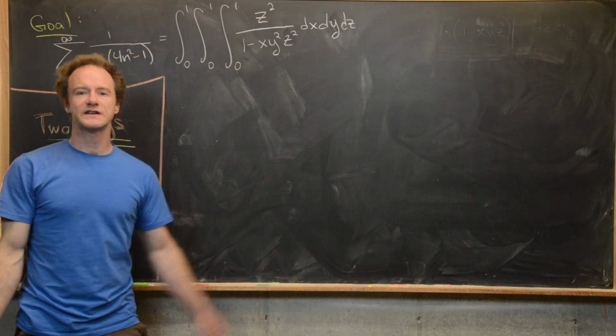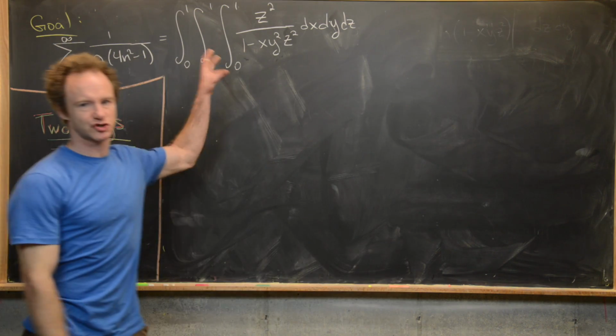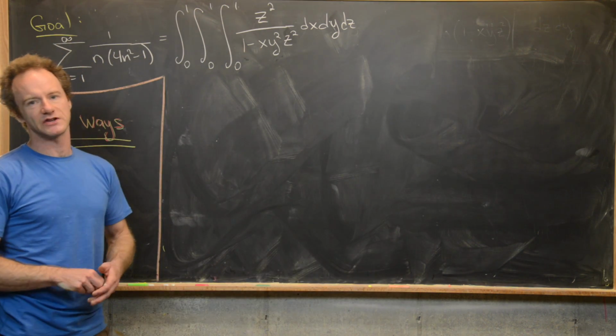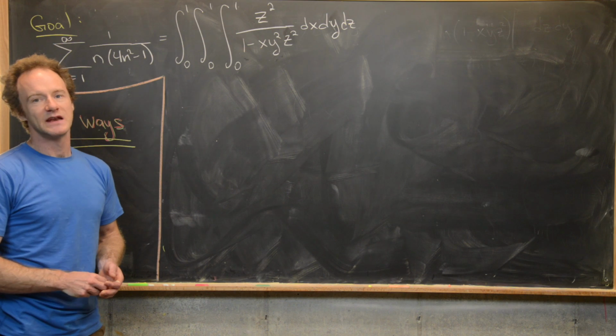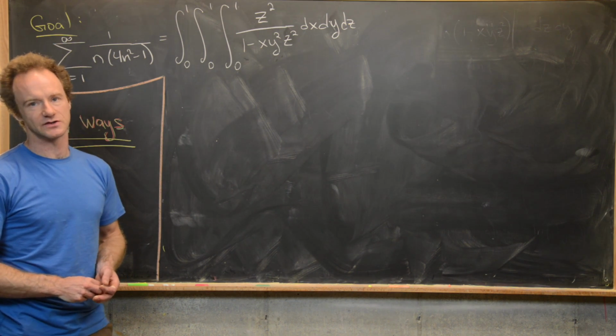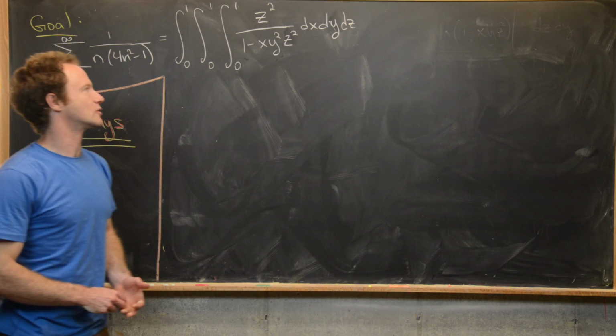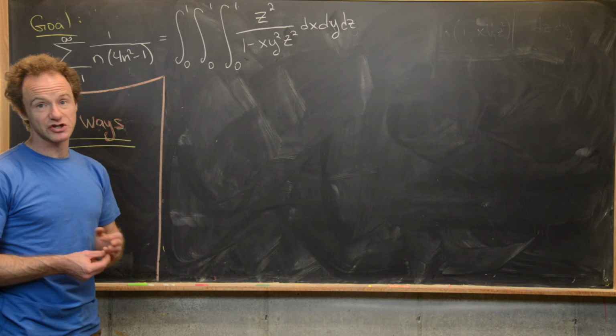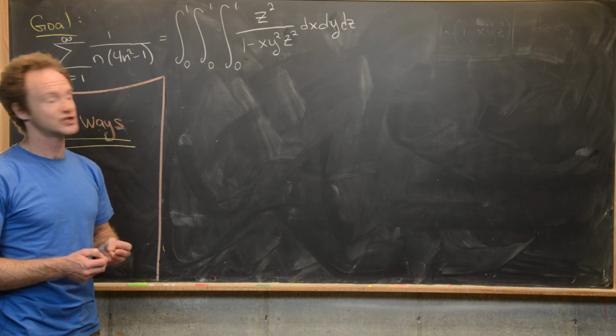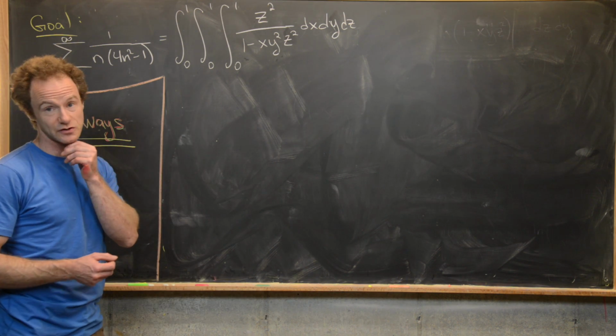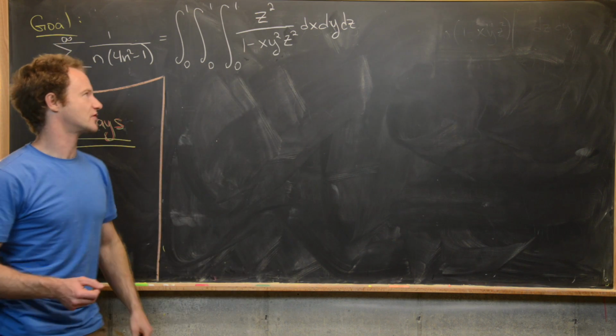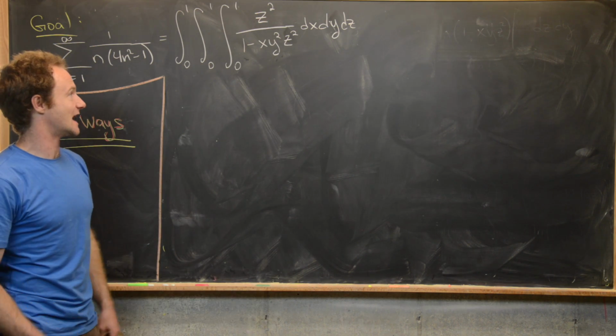So previously we've written our goal sum as this triple integral using tricks involving geometric series and stuff like that. Now we're going to start evaluating this integral, starting with the inside integral, which is with respect to x. So we've got a choice what order we do this integration in, and we're going to do the x integral first because this integrand is simplest with respect to x.